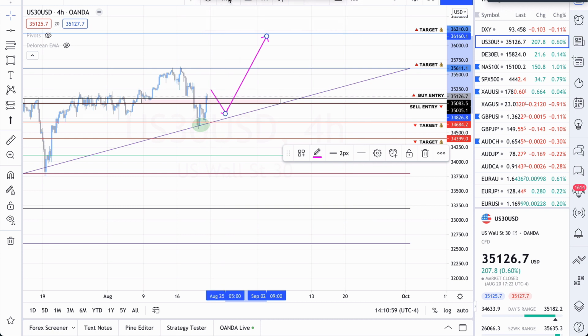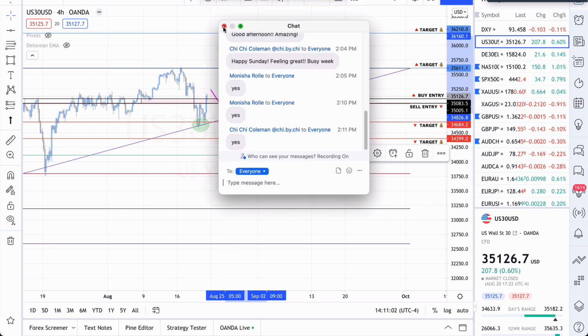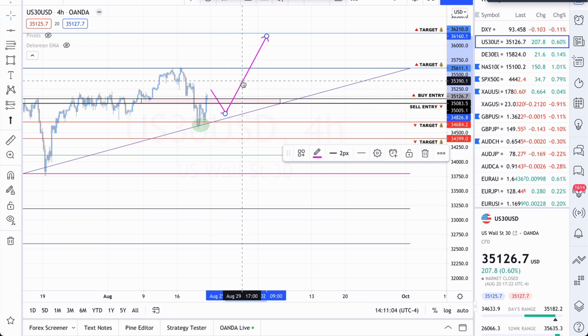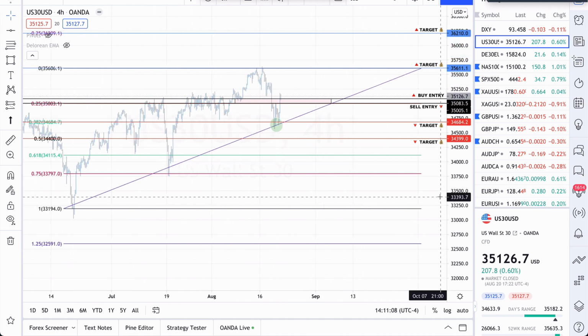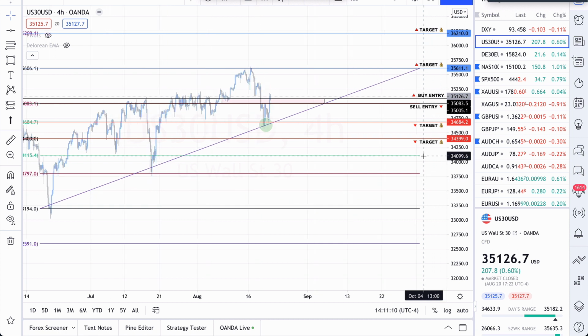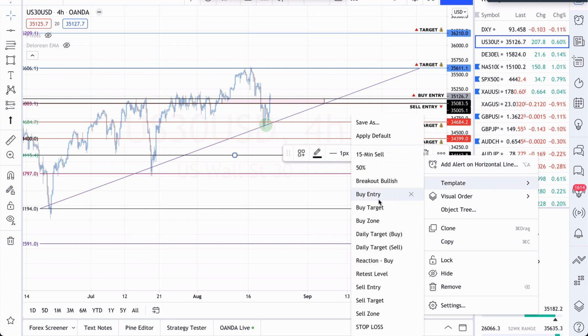Cool. Perfect. So this is US 30 on the 4-hour. Give a third target. And then I'll come back and go over these Fibonacci's.